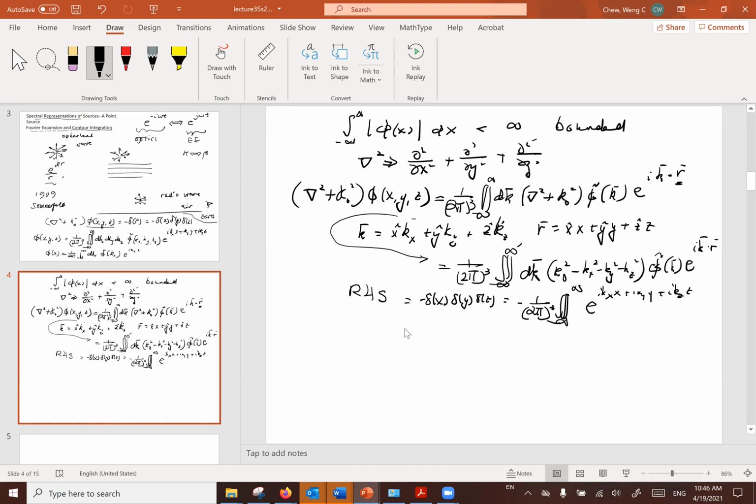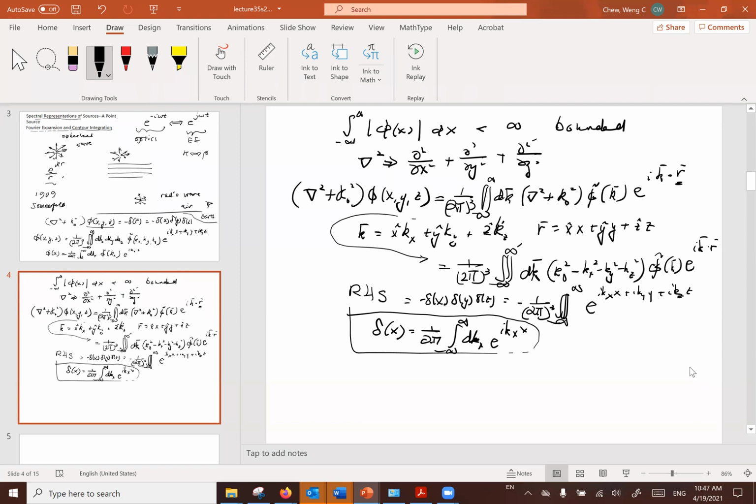Because we have learned previously that if you have just one delta function, its Fourier transform representation is given by this. If it's just one delta function, this would be its Fourier transform representation. But since we have 3 of them, its Fourier transform integration would be 3-dimensional.